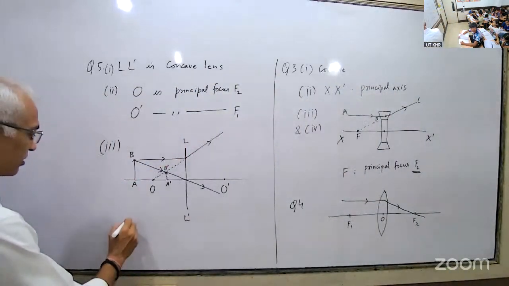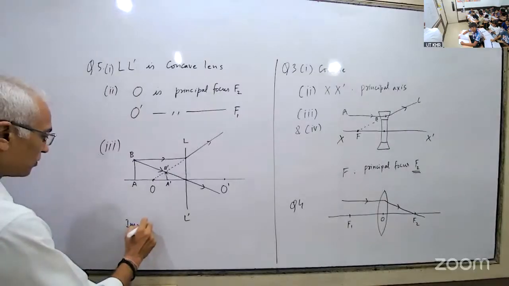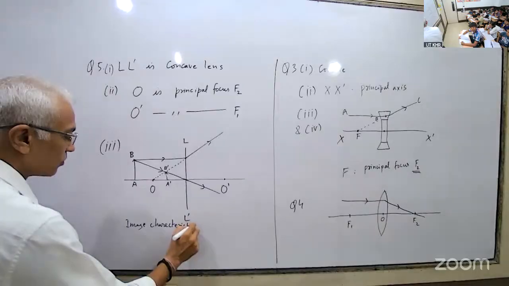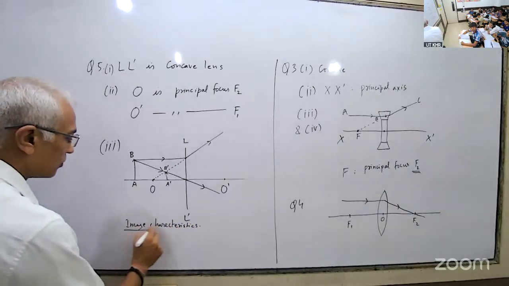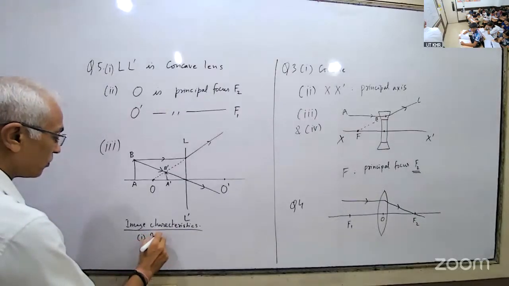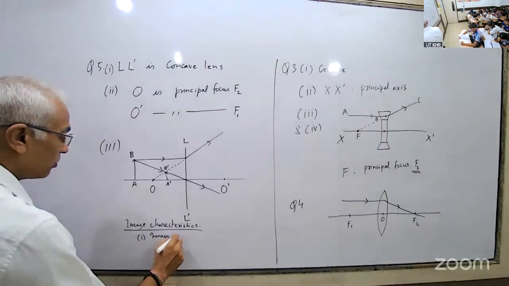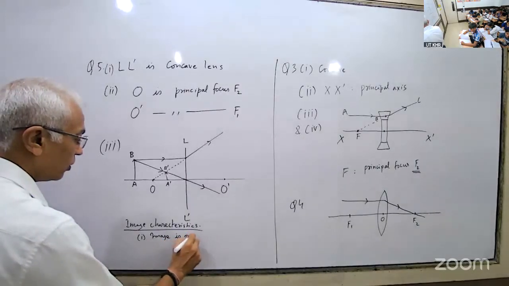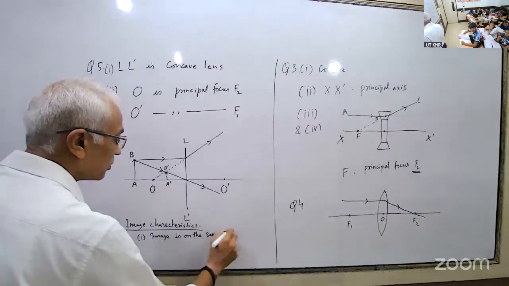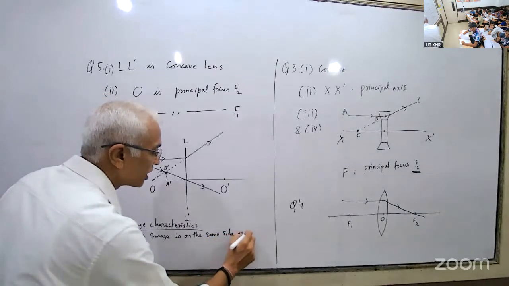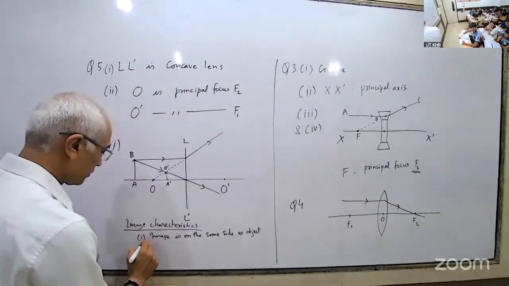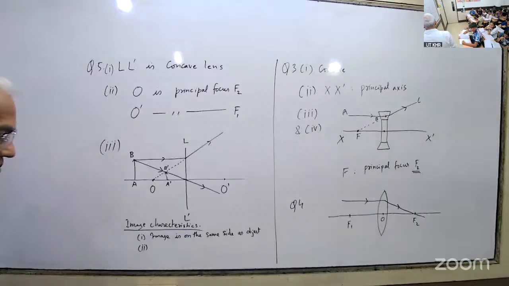So image characteristics: image is on the same side as object.